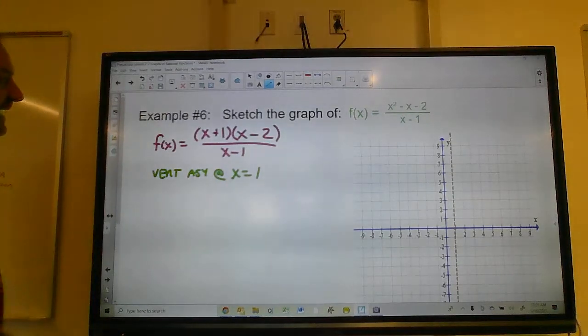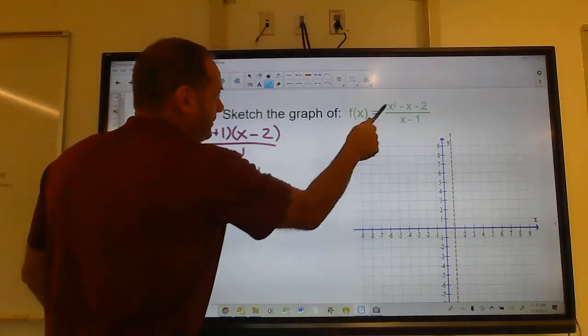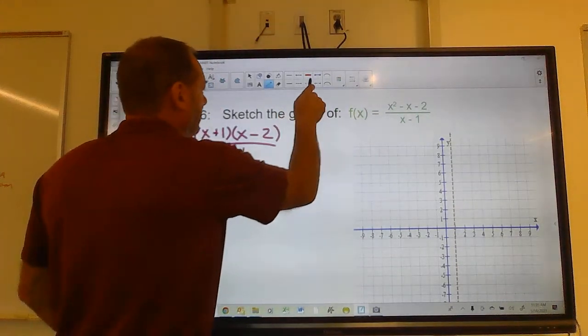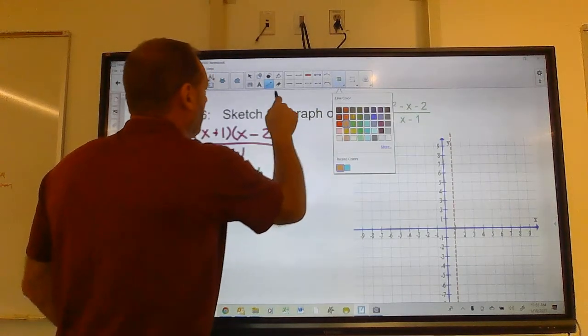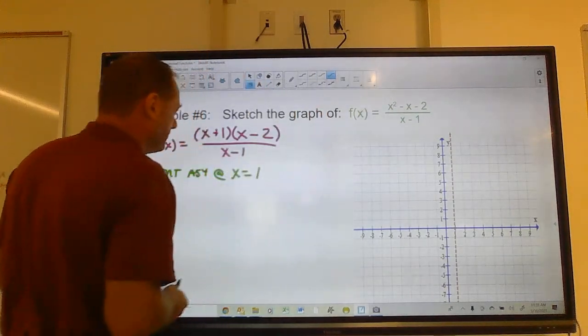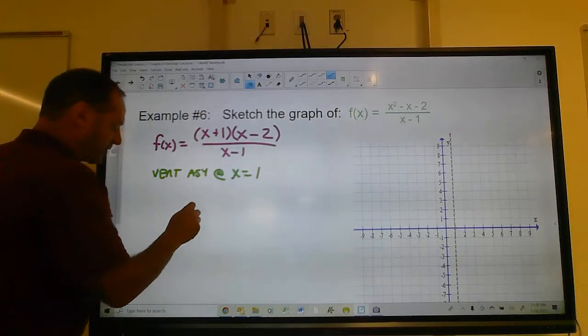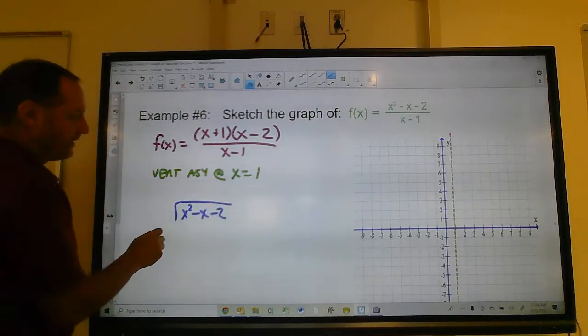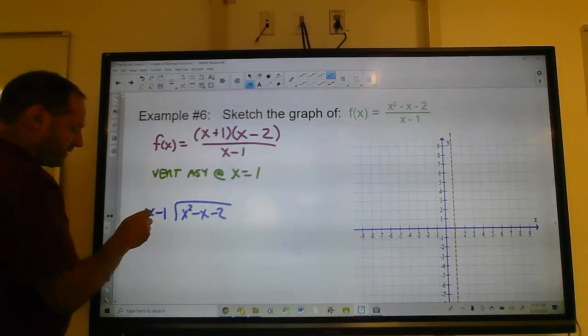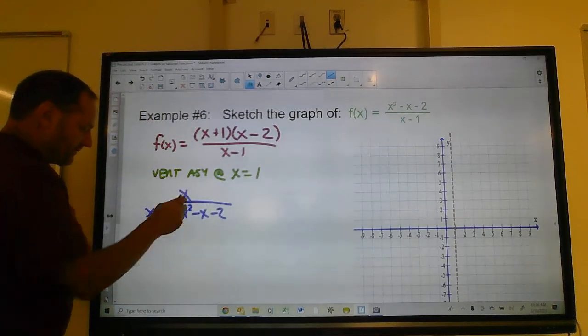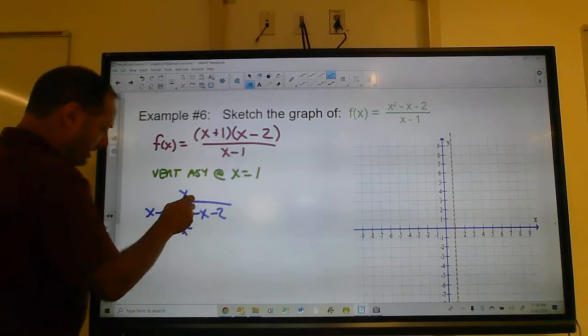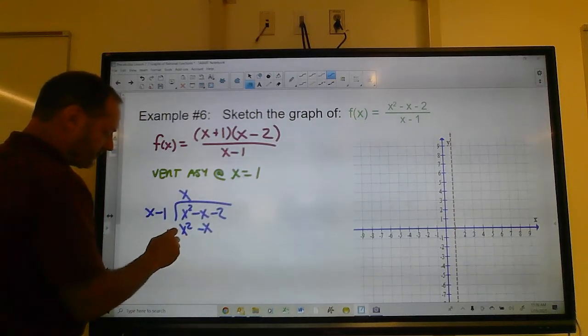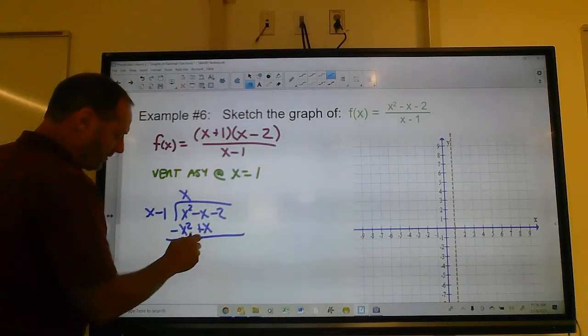And we're going to have an oblique asymptote because the degree of the numerator is 2 and the degree of the denominator is 1. So we got to calculate that. So that's going to be x squared minus x minus 2 divided by x minus 1. So x goes into x squared x times. x times x is x squared. x times negative 1 is negative x. Subtract. Both these cancel out.